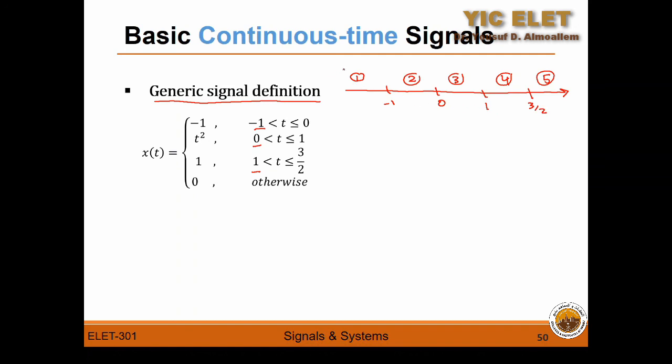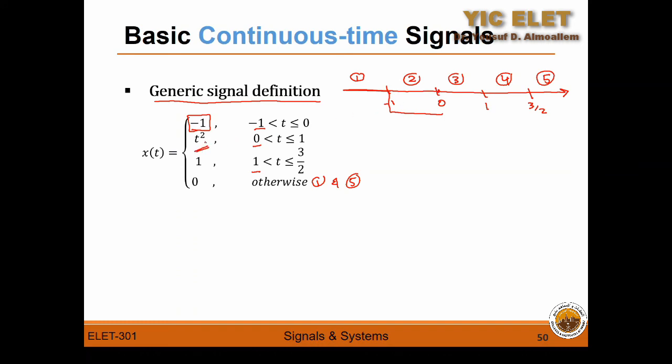In this region and that region, it comes under the otherwise. So segments 1 and 5 will be equal to 0. Then at the second region, between minus 1 and 0, it will be equal to minus 1. So this will be equal to 0, and this will be equal to minus 1.